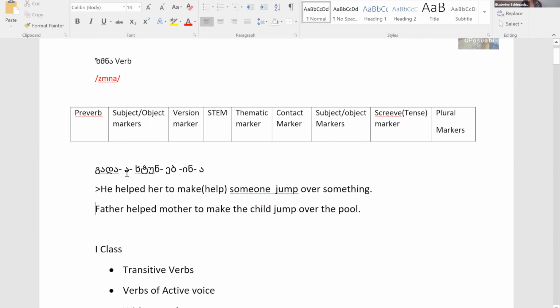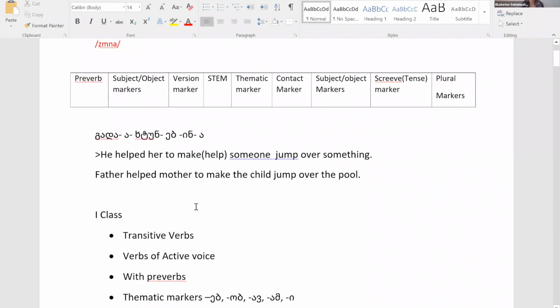My point is that you cannot break down these markers and translate them to get the meaning of this verb. That's why it is difficult. Something that is a marker in the Georgian verb is a whole separate word in English, which makes sense. That's why, to my observation, it's difficult to master the Georgian verb. Not that it has many categories, but these categories are marked with markers, not with separate words.